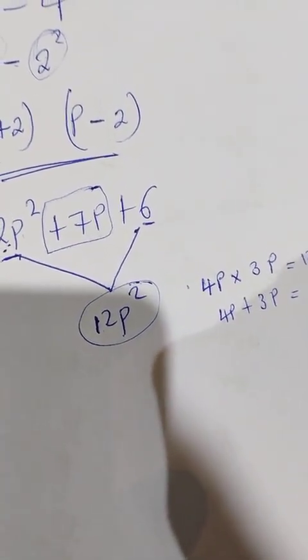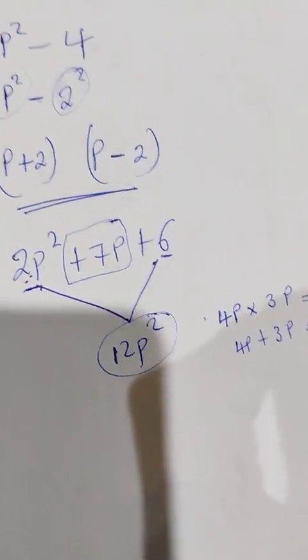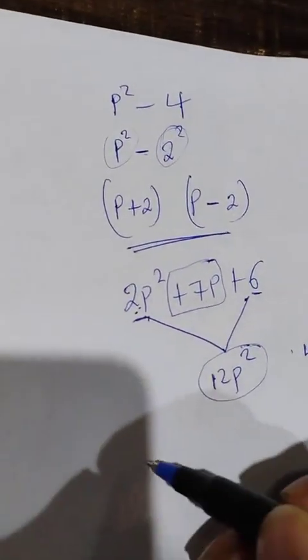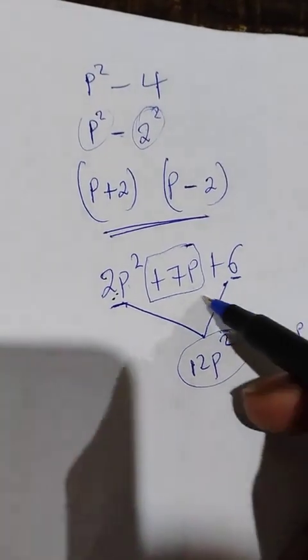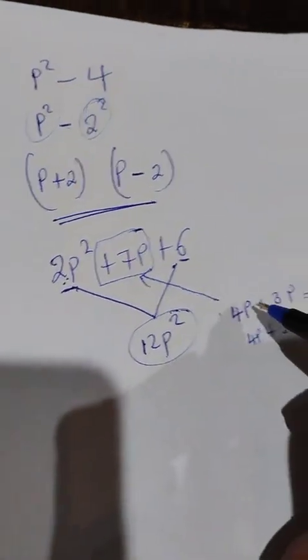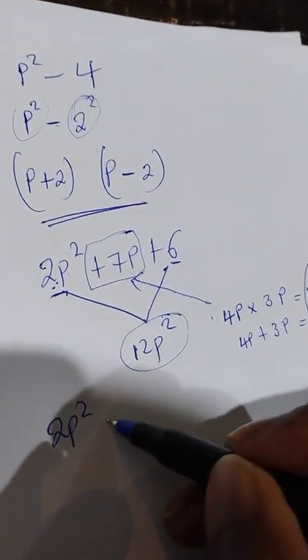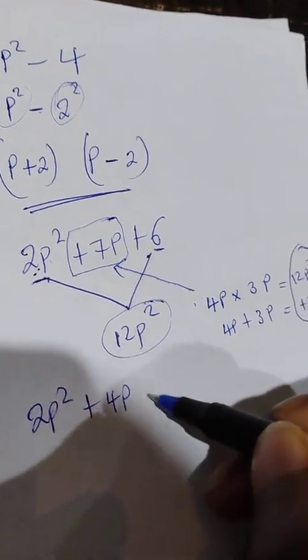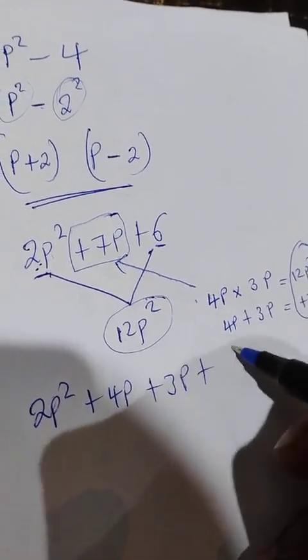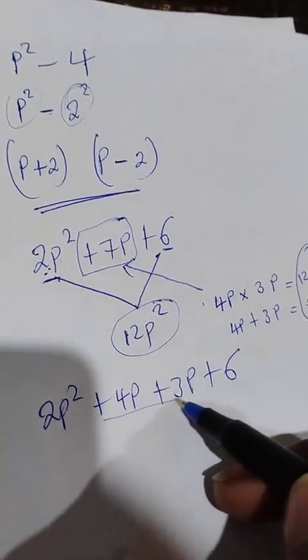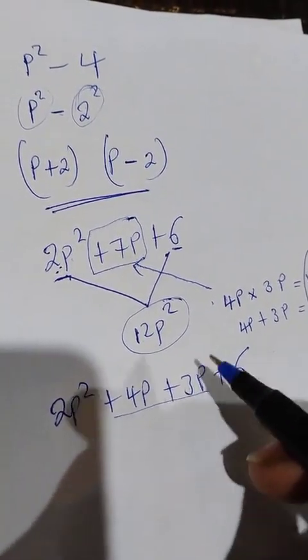Plus 7p. So these factors can work. We take these factors, we replace plus 7p with the factors. So we write 2p squared plus 4p plus 3p plus 6. We replaced plus 7p with the factors.